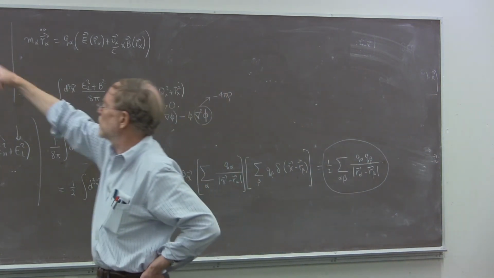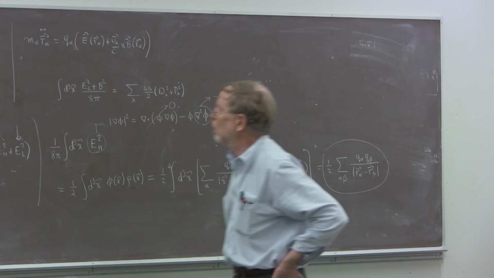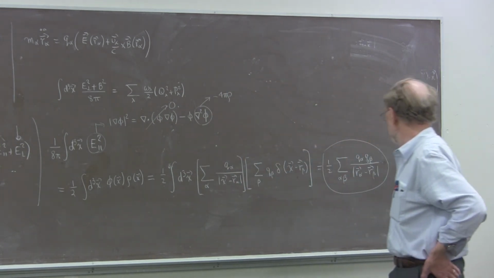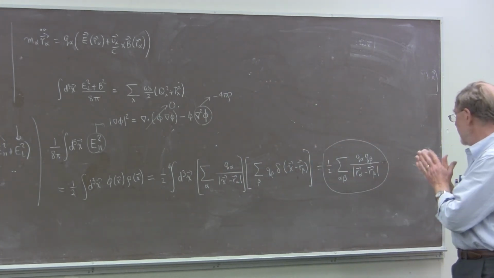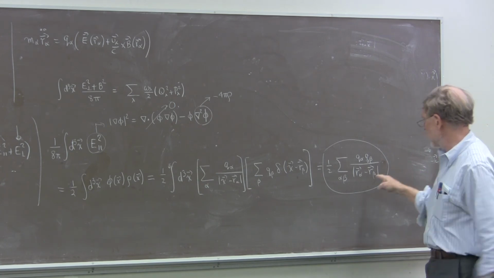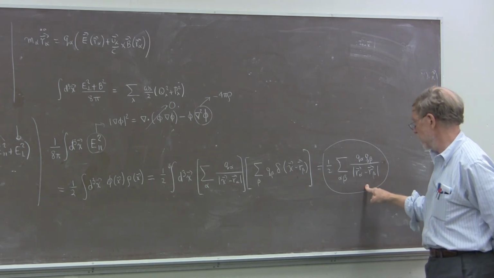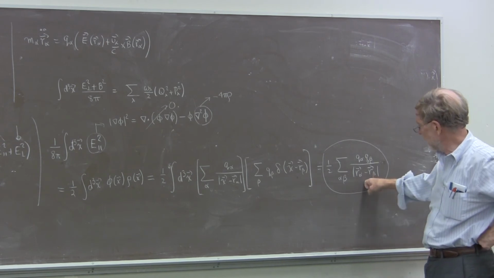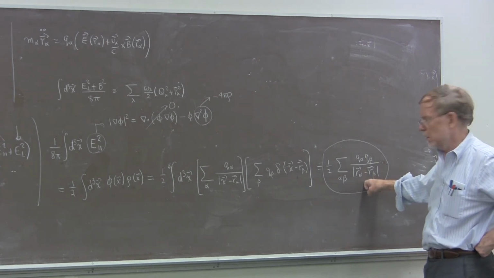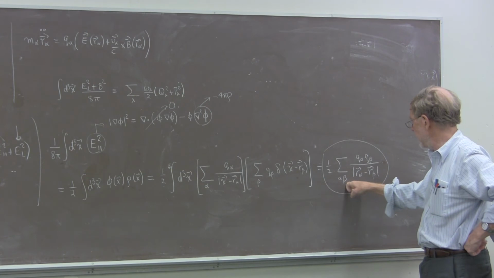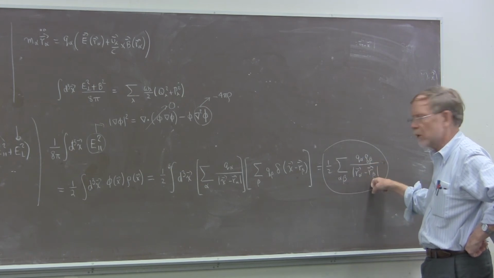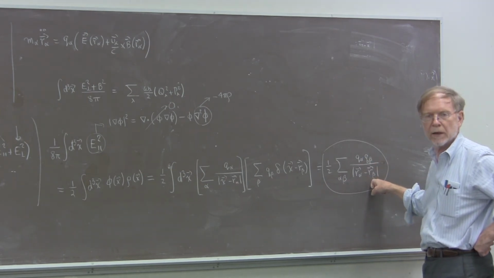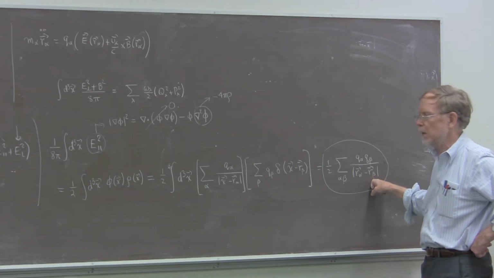We're almost there in assembling the Hamiltonian or the total energy of the matter field system. This expression is interesting and a little troubling. The troubling aspect of it is that the diagonal terms are actually infinite. If you take alpha equals beta, you get q squared divided by 0 in the denominator, which obviously doesn't make any sense, although it's trying to tell you there's some kind of infinity.